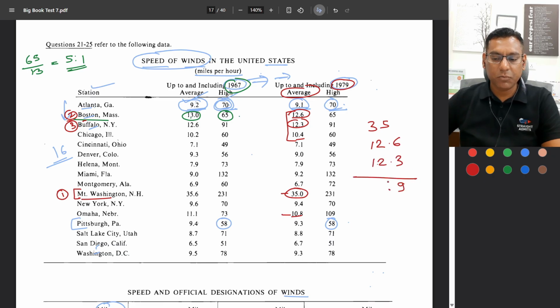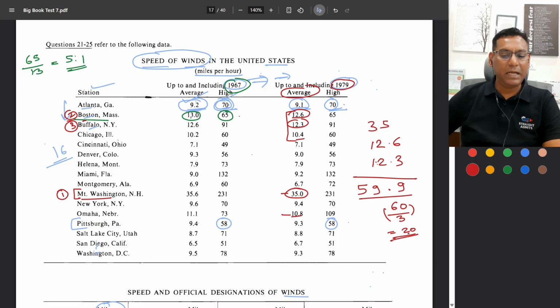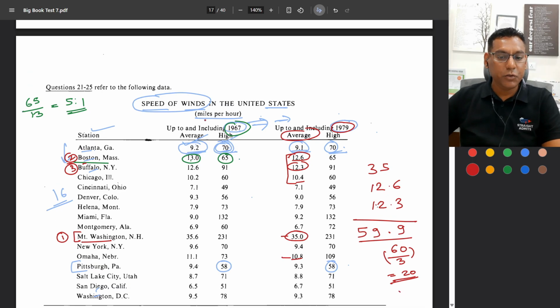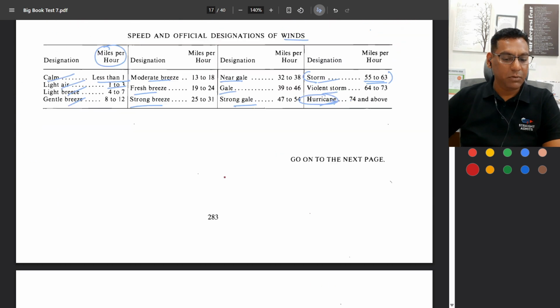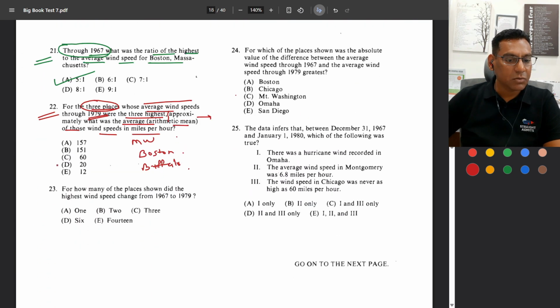It is going to be something like 59.9. That is 24 plus 35, which is 59. So 59.9. Let's assume it to be 60. There are 3 items, so 60 by 3 is 20. Actually 19.99 something, but the approximation is 20. Unit is miles per hour. The average is going to be 20 miles per hour, something like that.